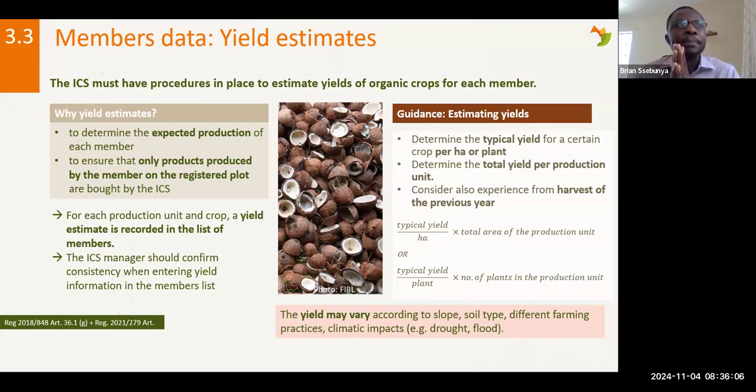For example, you're from Uganda, so they may just have a yield for Uganda, which is a very high level of aggregation, because you and me know that how a farmer produces pineapple in one place or another, or ginger, varies in itself.